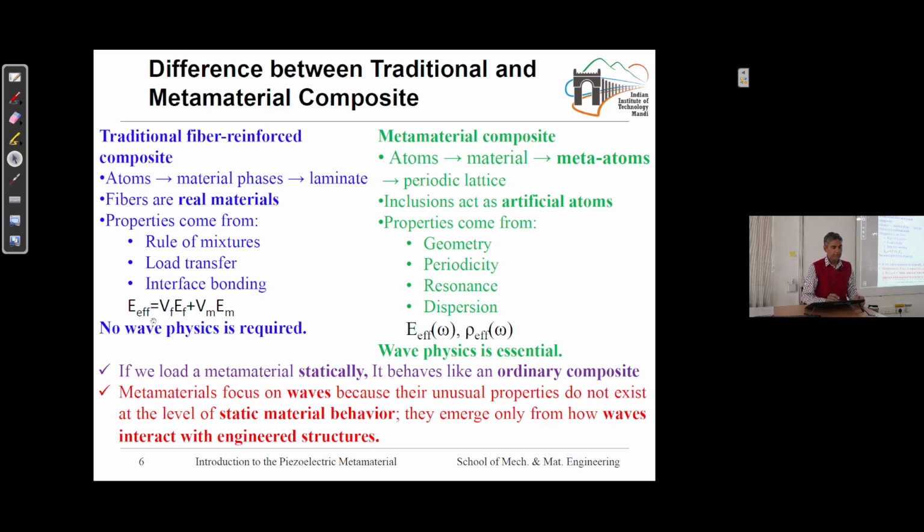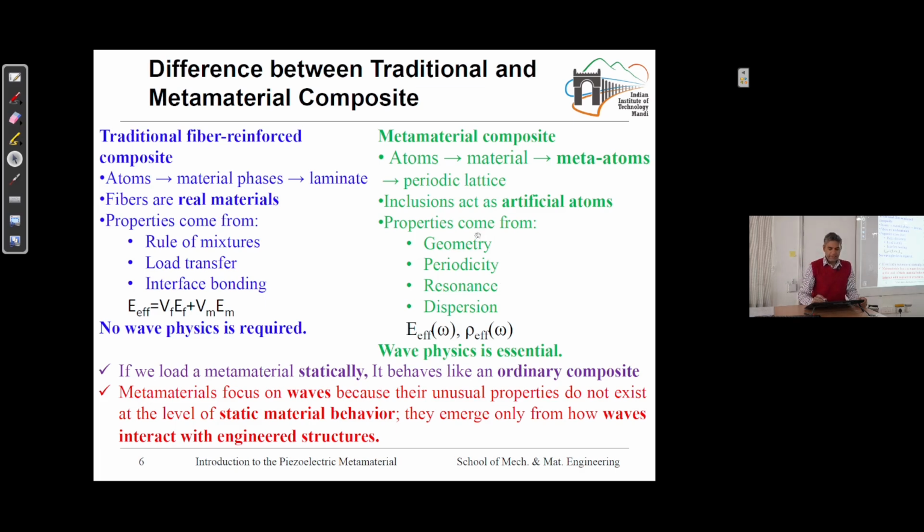However, in a metamaterial composite, the properties come from the geometry of the meta-atom, whether it is triangular, square, and so on, the periodicity, whether they are arranged in a periodic fashion or not, and resonance, whether resonance is happening or not.